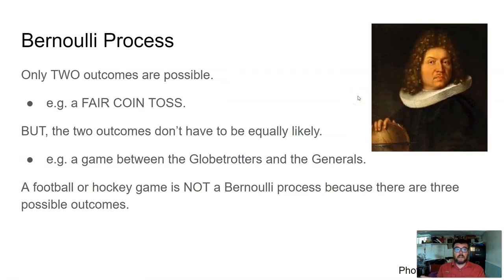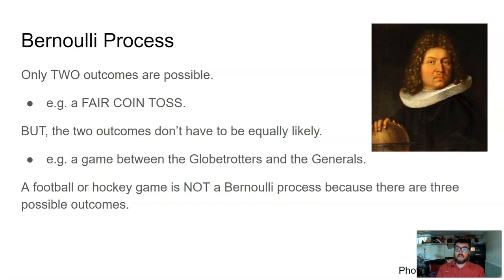First one is the Bernoulli process, named after Jacob Bernoulli. And that is the process when there are only 2 possible outcomes. The classic example of that is a fair coin toss, heads or tails. Only options available. But the 2 outcomes don't have to be equally likely. So fair coin toss, both outcomes are equally likely, but in a game between the Globetrotters and the Generals, there's only one outcome that's ever going to happen. The Generals ain't going to win.